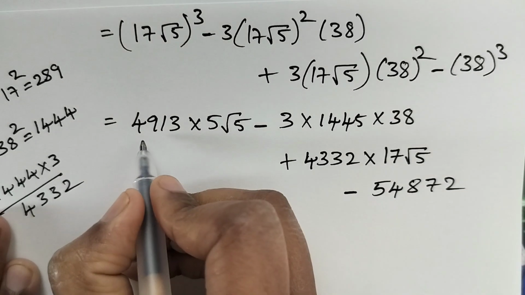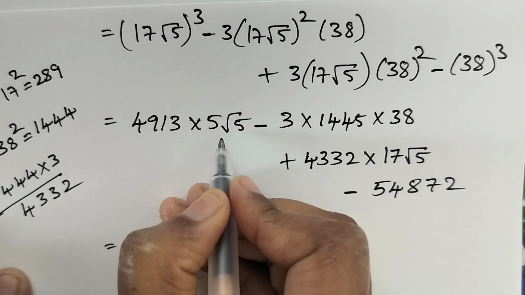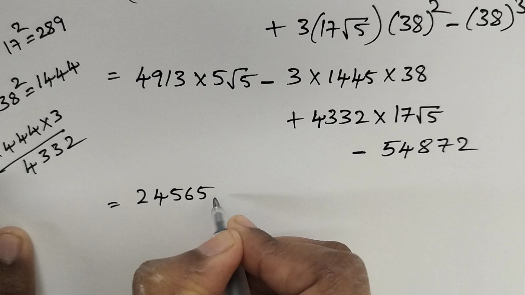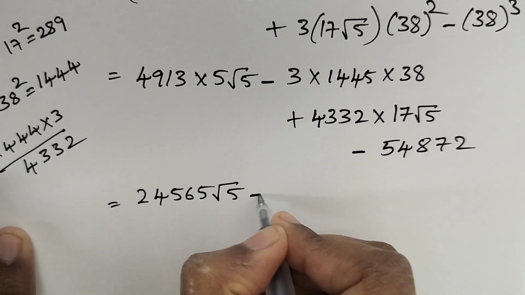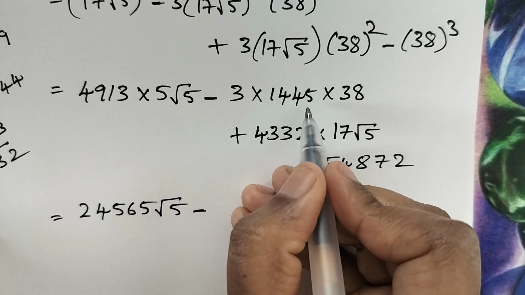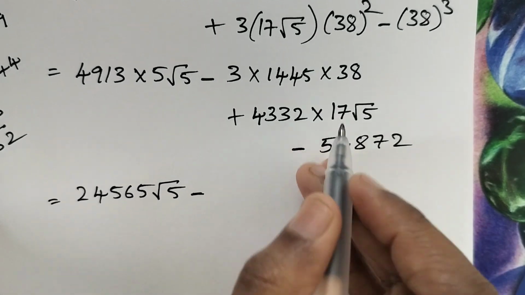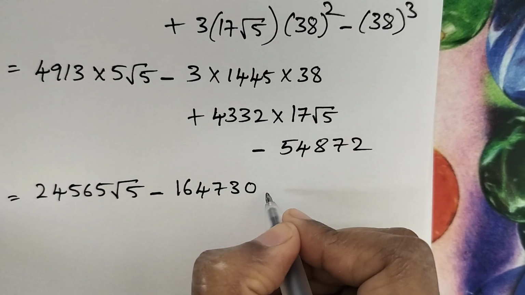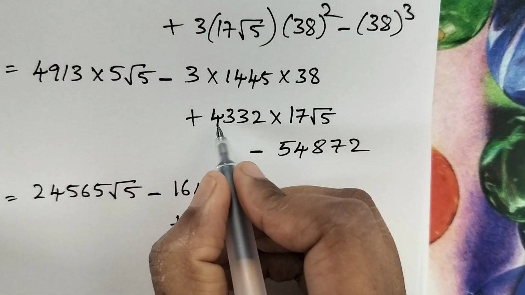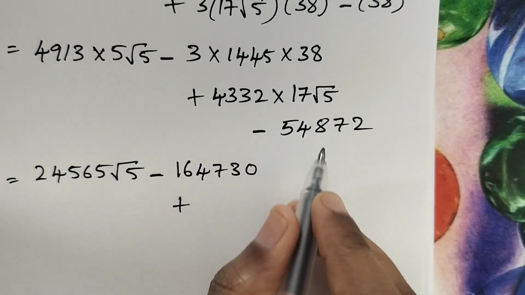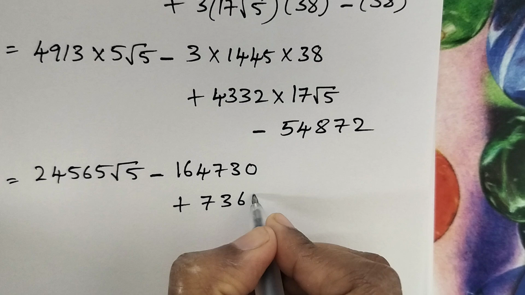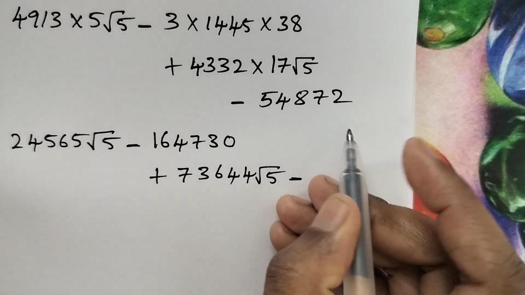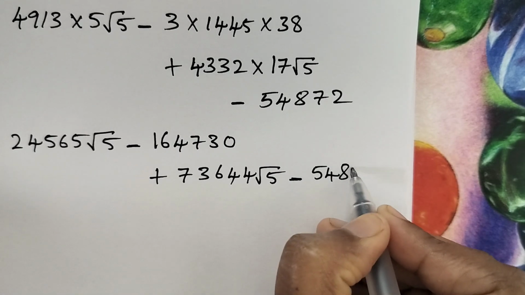So now here 4913 times 5 is equal to 24565 square root of 5. So minus, 3 times 1445 times 38, which is equal to 164730, plus 4332 times 17, which is equal to 73644 square root of 5, minus 54872.